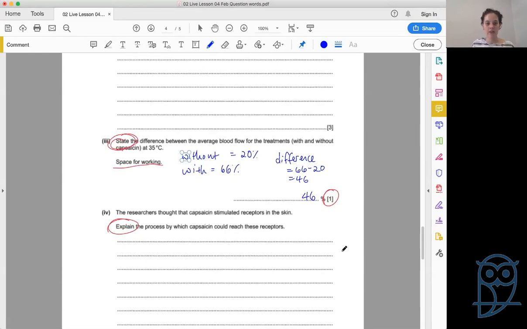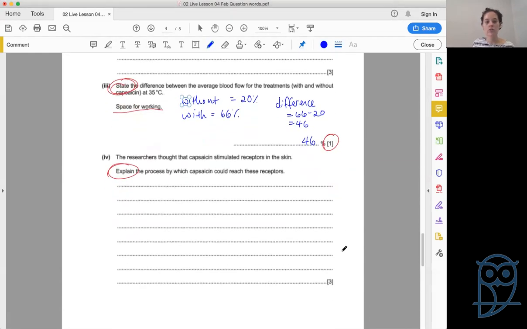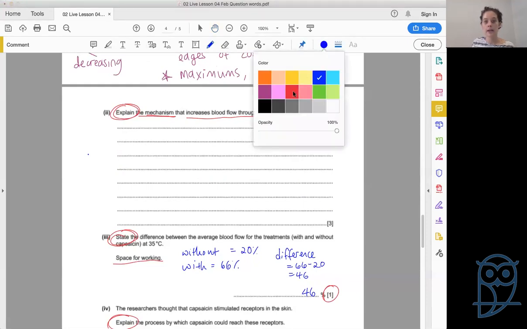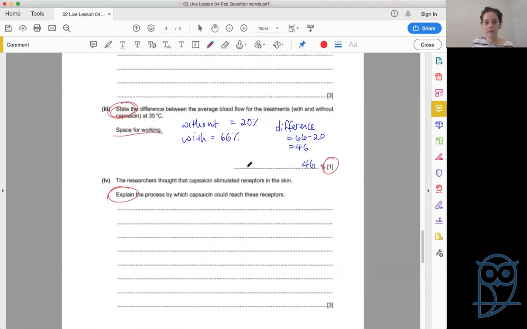Right, so the researchers thought that capsaicin stimulated receptors in the skin. Explain the process by which capsaicin could reach these receptors. So here, in this first explain, we were explaining a mechanism. In this second explain, we are explaining a process.